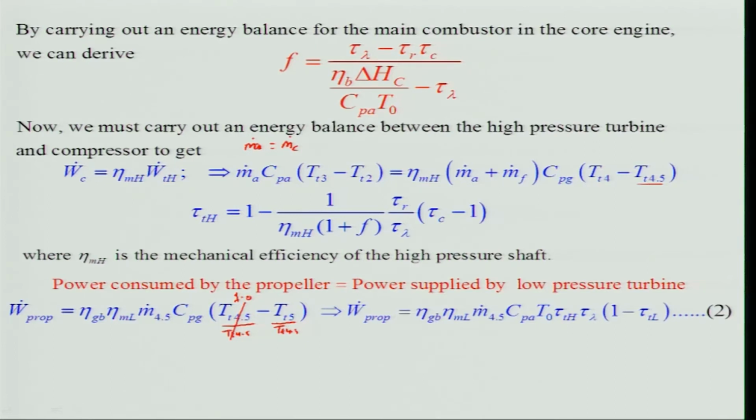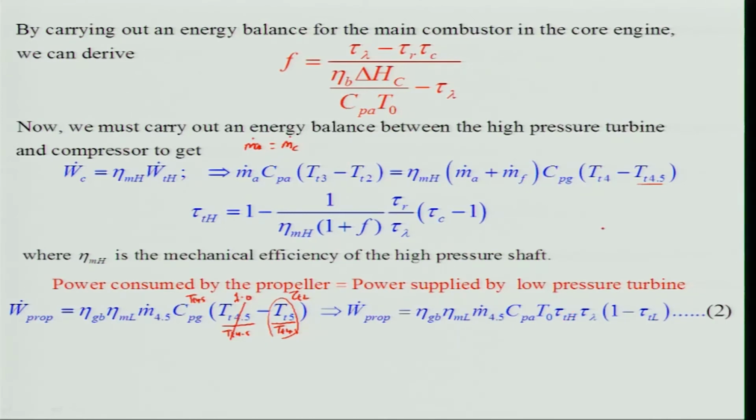If you look at this, it is nothing but your tau T L, and when I divide I need to multiply by Tt 4.5 here. Then Tt 4.5 and Cpg I can express in terms of tau lambda, Cpa T naught and tau T h.